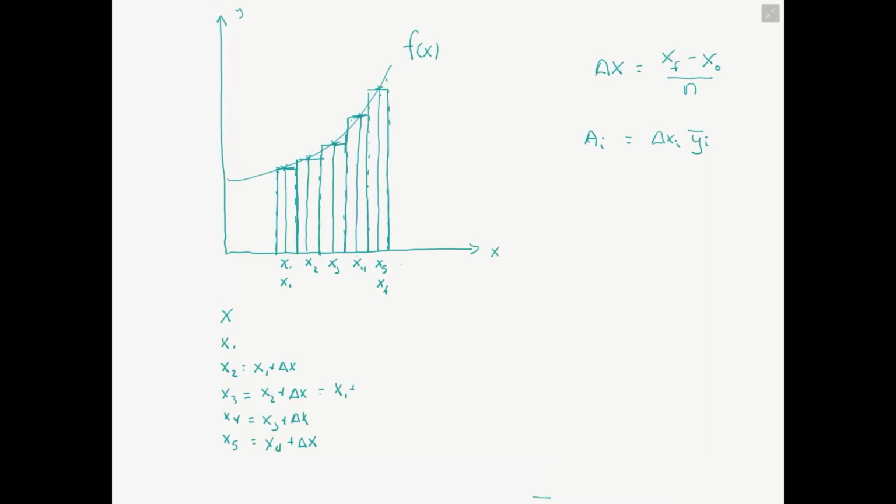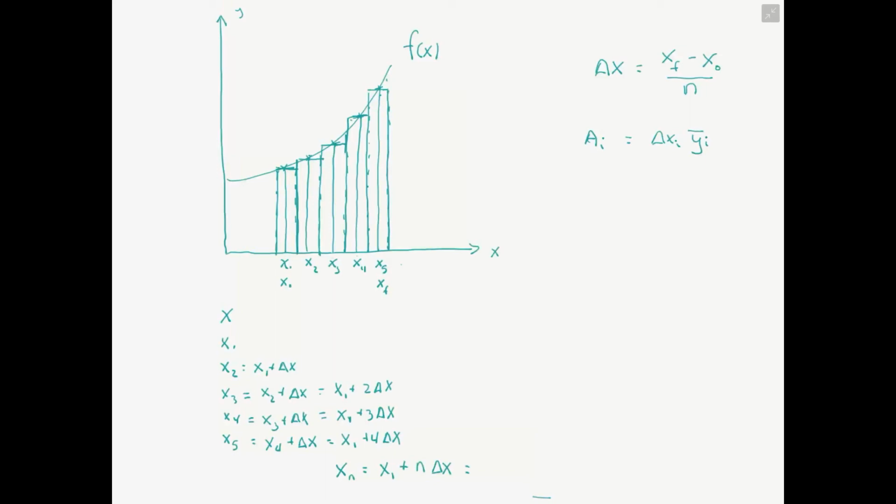But these are all equal to x1 plus 2 delta x, equals x1 plus 3 delta x, equals x1 plus 4 delta x. So xn equals x1 plus n delta x.